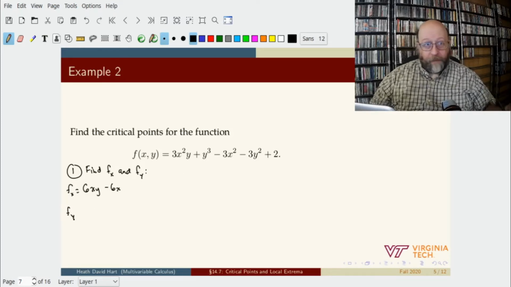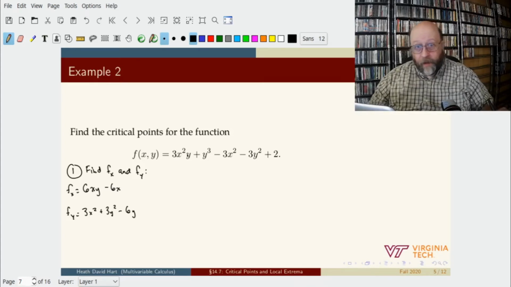And the partial derivative in the y direction is 3x squared plus 3y squared minus 6y. Is that right? 3x squared plus 3y squared. This term goes away, minus 6y plus 2. That's it. Okay?